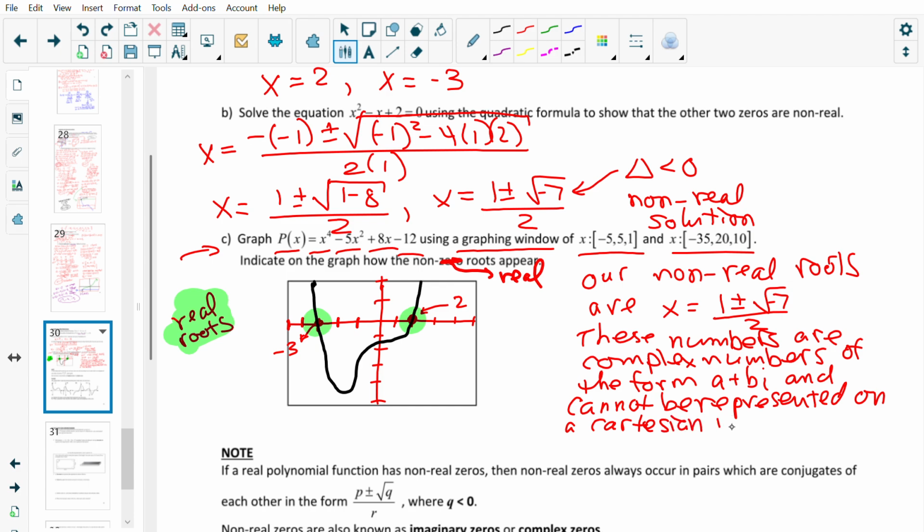on a Cartesian plane. So a Cartesian plane is our xy plane. If you're interested, go Google how do I graph complex numbers, and you'll see some great YouTube videos on visualizations of how complex number solutions look for functions like this. It's actually quite fascinating. Okay.